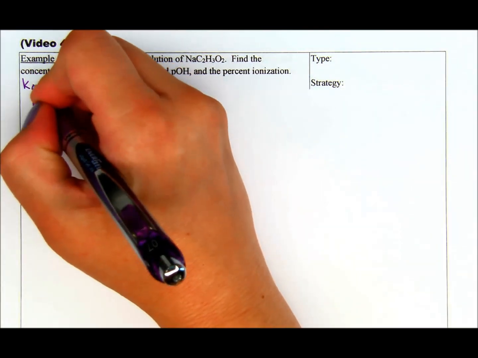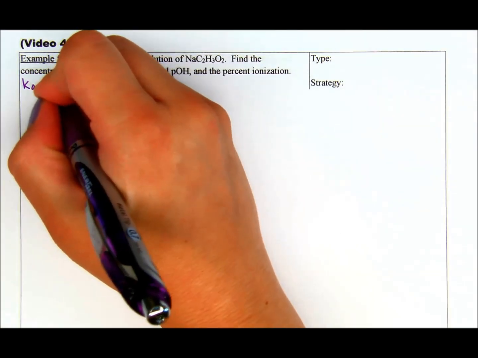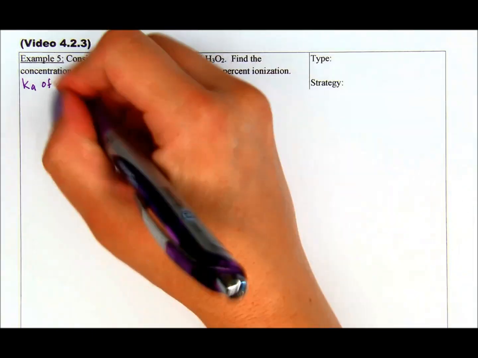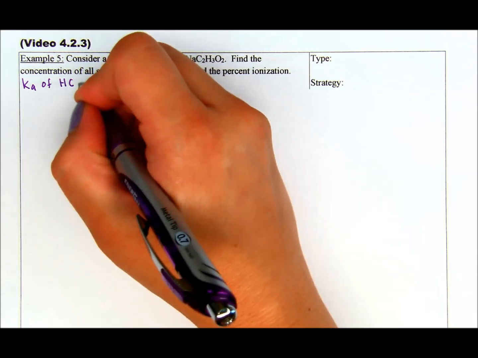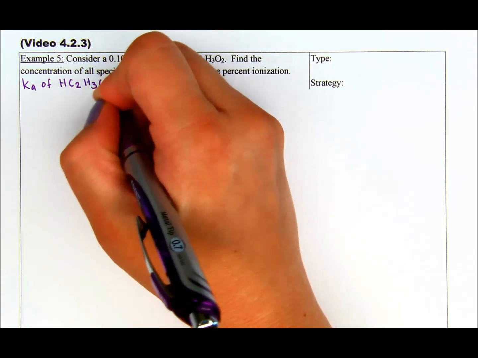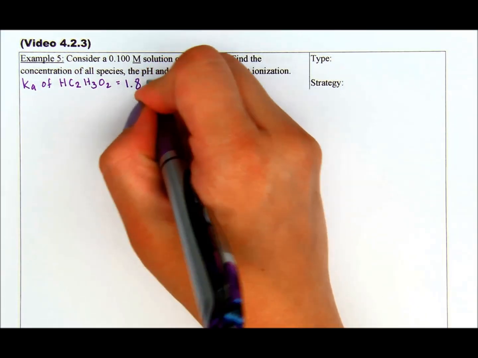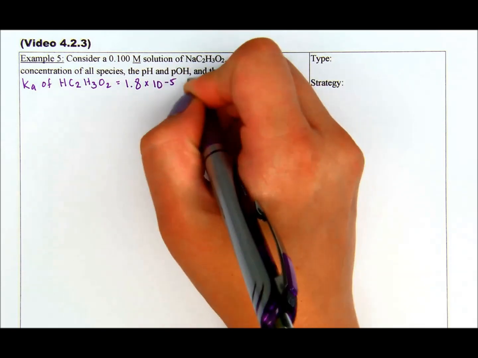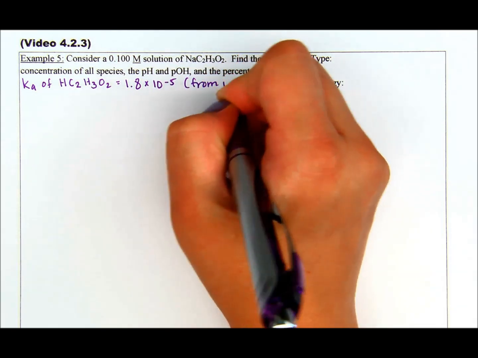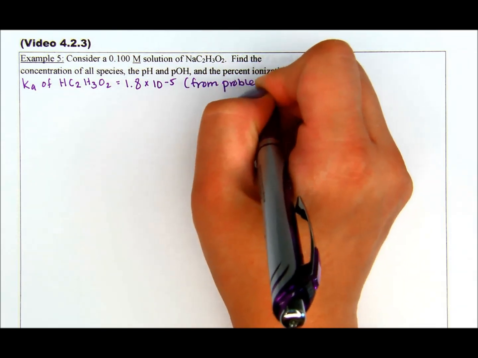We also know, so go ahead and write this in, that the Ka of acetic acid, HC2H3O2, which is the conjugate acid of that, is equal to 1.8 times 10 to the negative 5, and that's from problem number 3. I just didn't type it here.